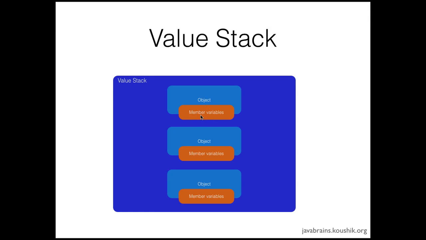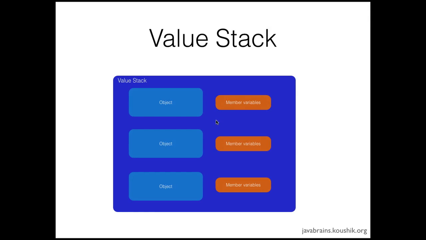In order to access the member variables, we need to get the object and then get the member variables. But since this is a common thing that we would do, the value stack isolates out all these member variables and behaves like a virtual object which has these member variables. Imagine these member variables are all taken out and become part of the value stack object itself. They are not member variables of the objects in the value stack.